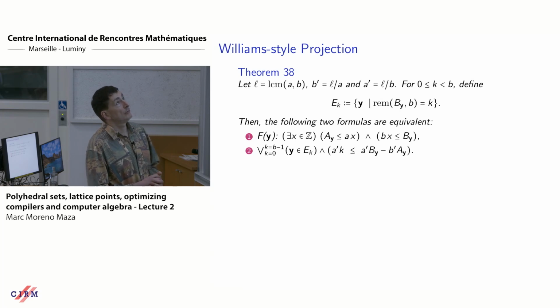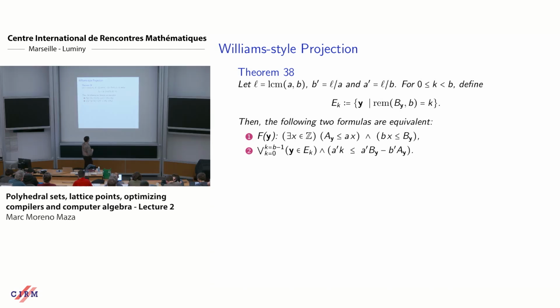And it's convenient to denote b prime as L divided by A and A prime as L divided by B. In a moment, we will be using that set E_k, which is the set of the y values such that the remainder of the polynomial with respect to the integer little b is k. So that gives a congruence, in fact.